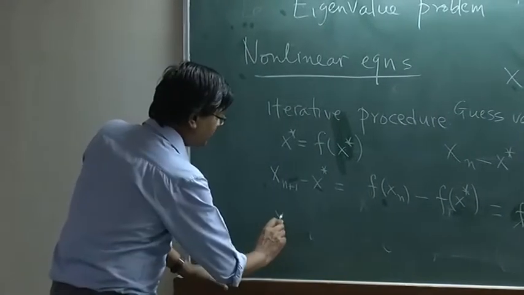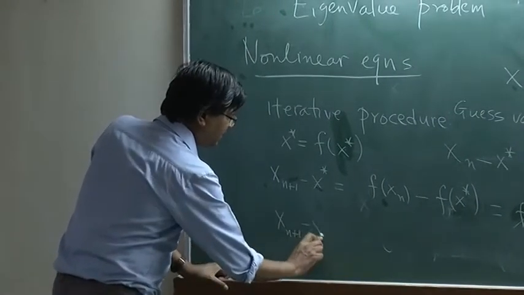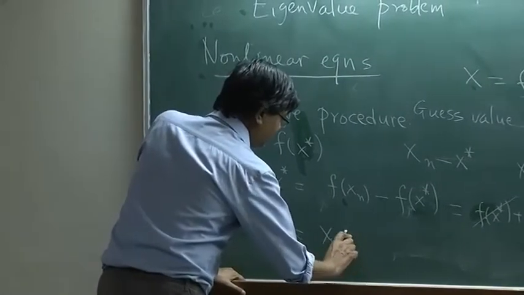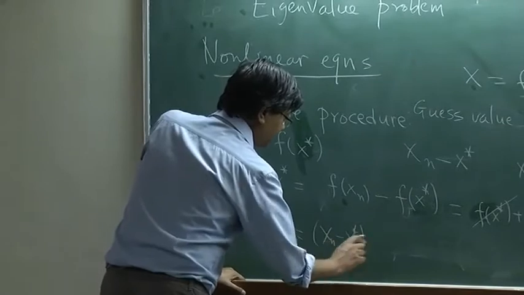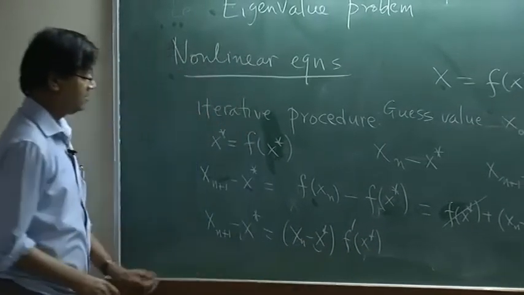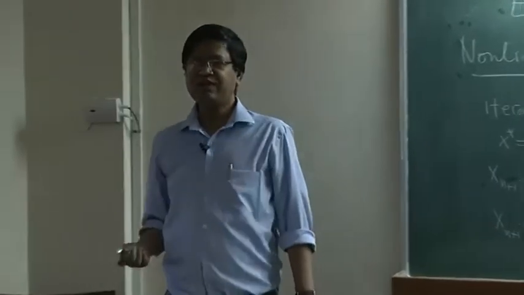So I get x_(n+1) minus x star is (x_n minus x star) f prime(x star). This ignores the higher order terms, which works if you are close to the solution.